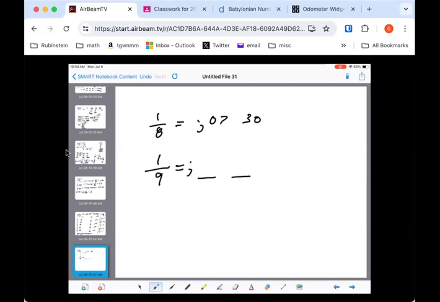So everyone think about this one for a minute. This is a challenge question. I'm going to teach you a technique for these, but this is inquiry-based learning. What do you think 1/9 would be written in this base 60 decimal thing?